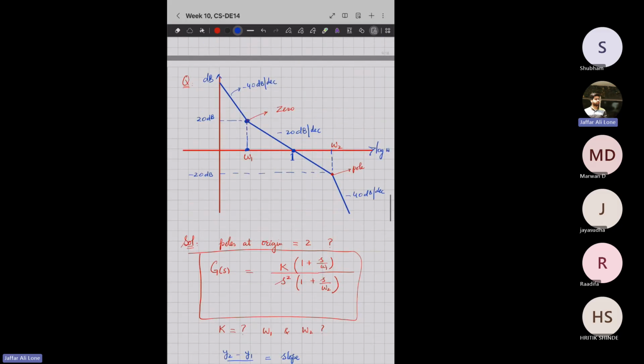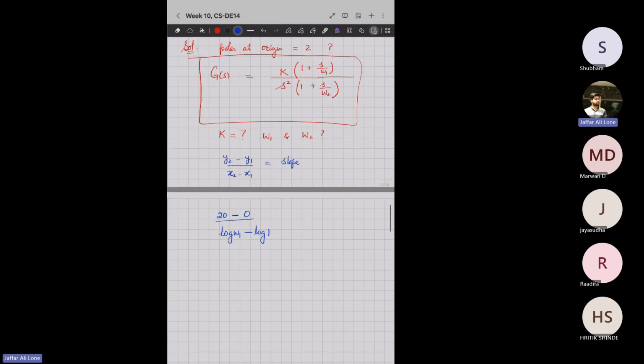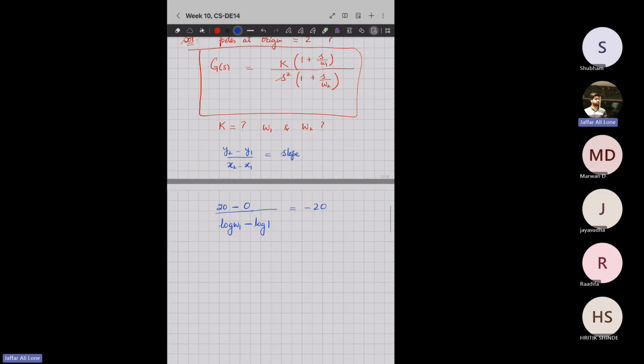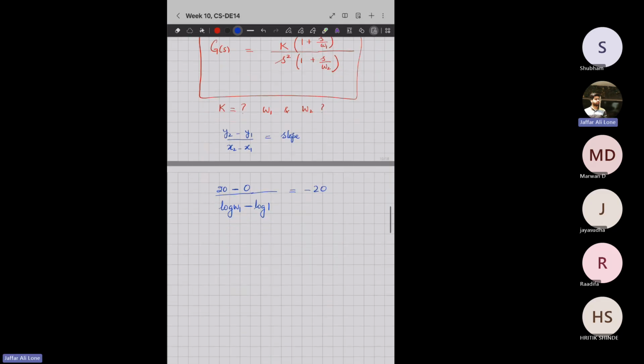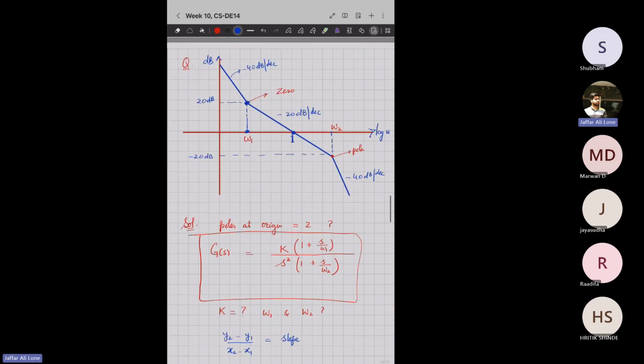This is equal to minus 20. Now let's solve it. You know log 1 is 0, so you can easily find your omega 1 as 0.1. Done. So your omega 1 is 0.1.